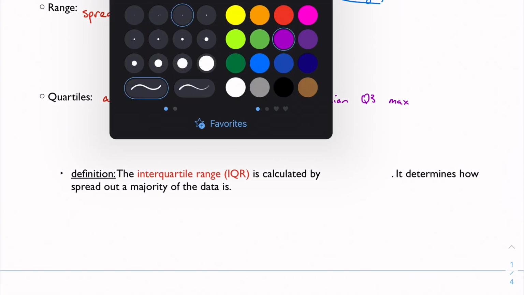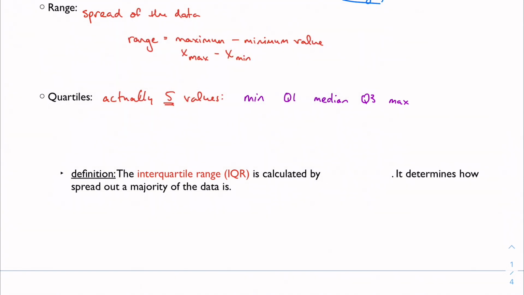And you might be asking yourself, what about quartiles 2 and 4? Well, quartile 2 is just the median, and quartile 4 is the maximum. So when we talk about quartiles, we actually want to include the minimum as well, even though it's technically a 5th value. It's still really important.